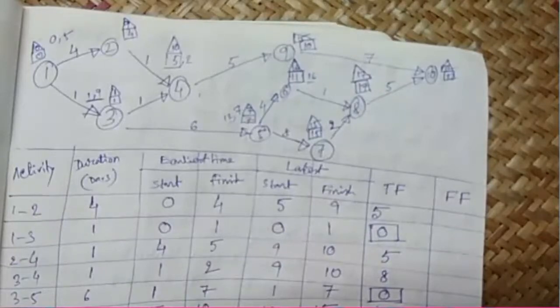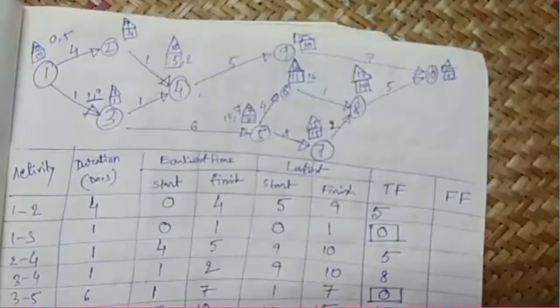So these activities which have total float 0 are called critical activities, and the path joining them is called the critical path, and that is the minimum time required to complete the whole project. We will show this critical path by a double arrow.